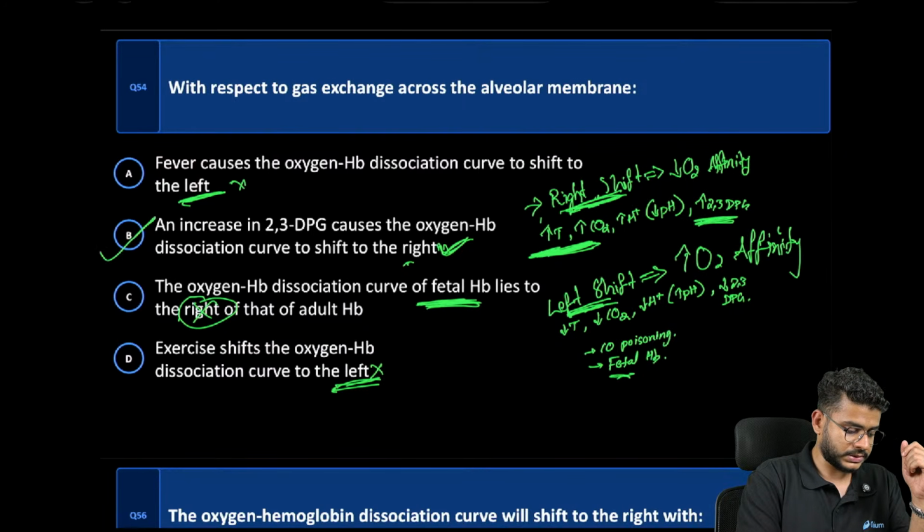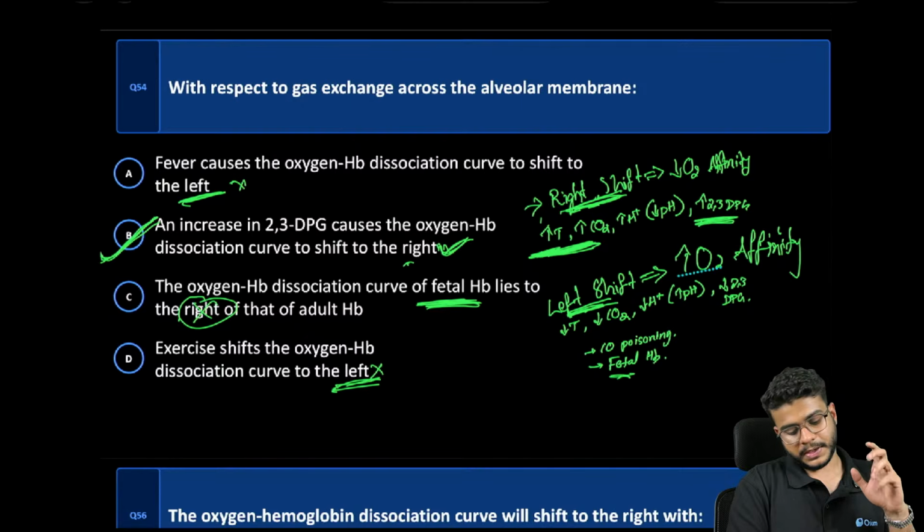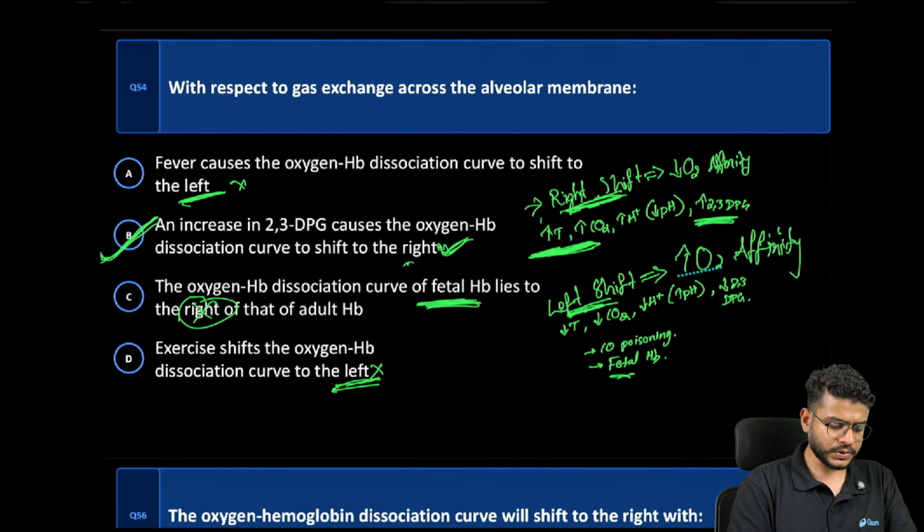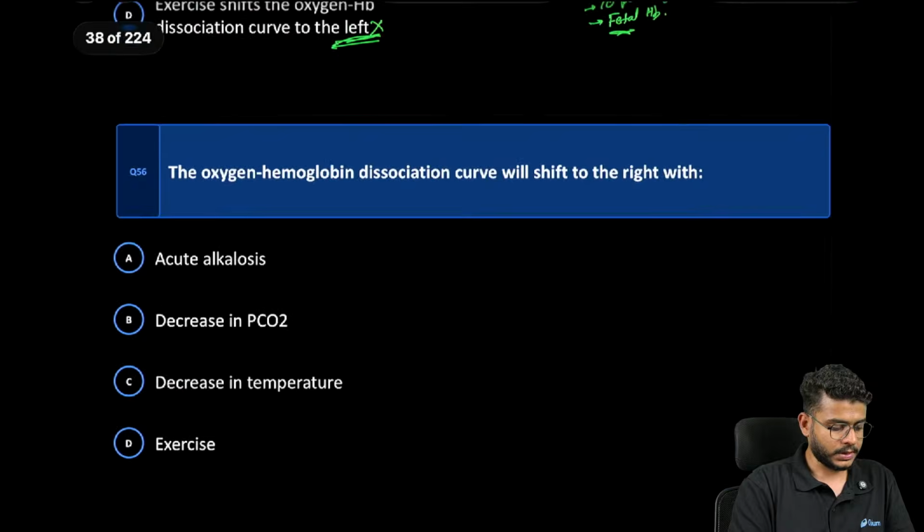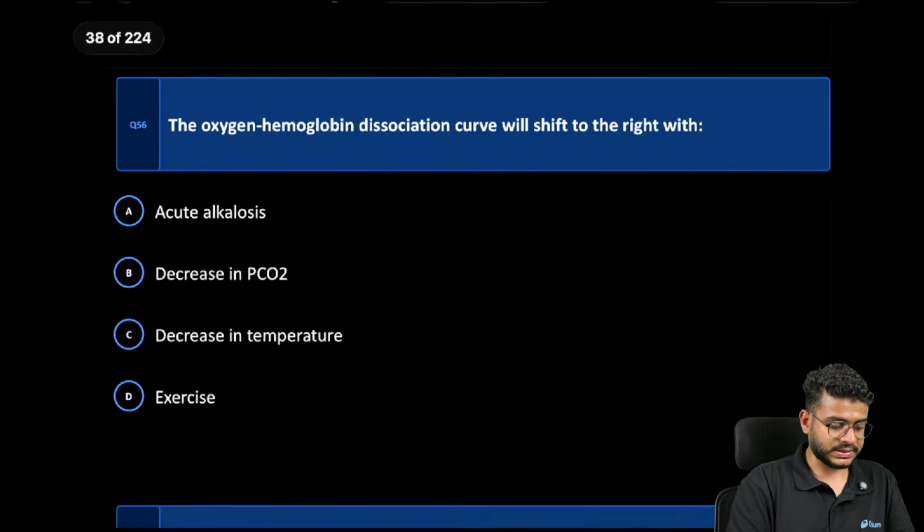So the correct option is option B. Okay, so just know these factors causing a right shift, or a decreased oxygen affinity, and the factors causing the left shift, or the increased oxygen affinity.